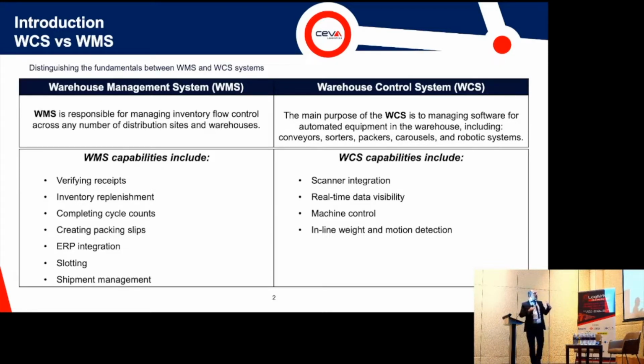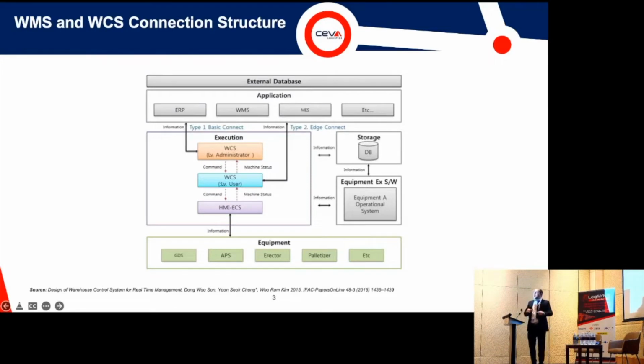Then, from the other side, the messages are being sent to the WCS, which comes with different layers. There is an administration layer, which receives the information out of our application. It goes to a user, and then it goes to the human machine interface, which analyzes the data with connection to the different databases and the information that the systems get from both sides, and then sends the information to the downstream, which is the actual equipment.